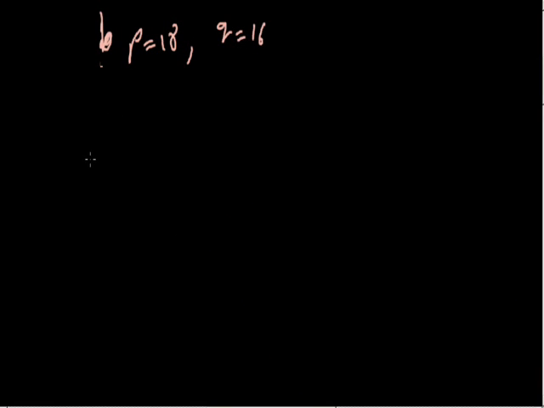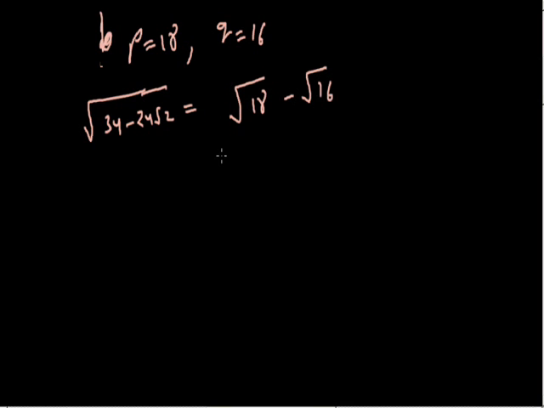So the value of under root of 34 minus 24 root 2 can be written as under root of 18 minus under root of 16, which equals 3 root 2 minus 4.